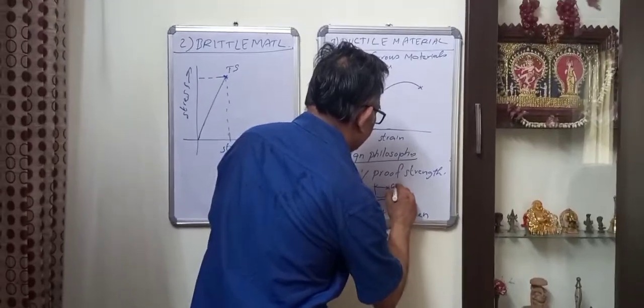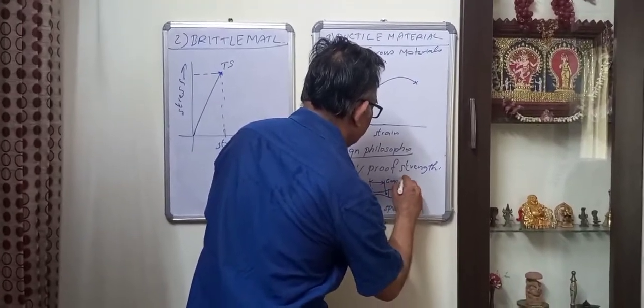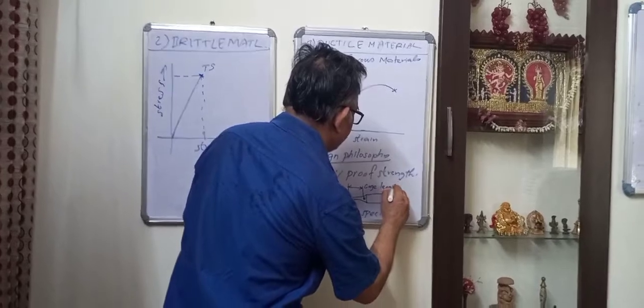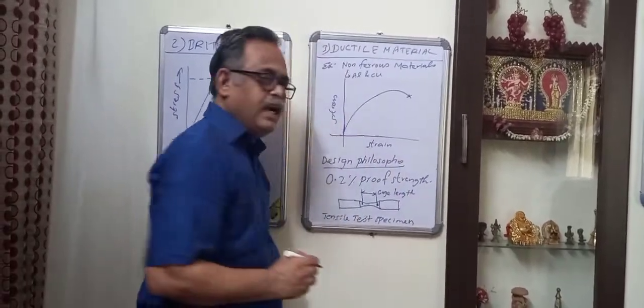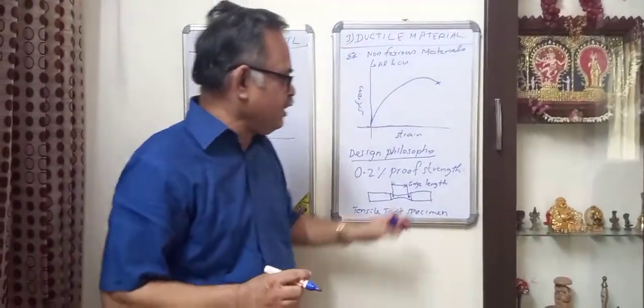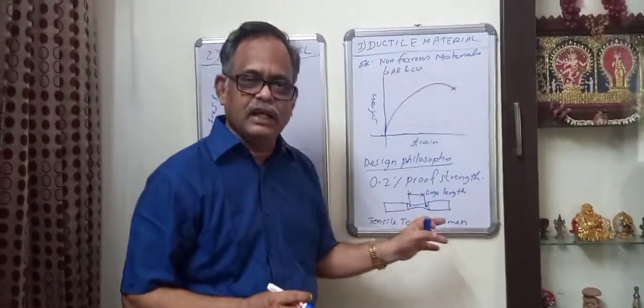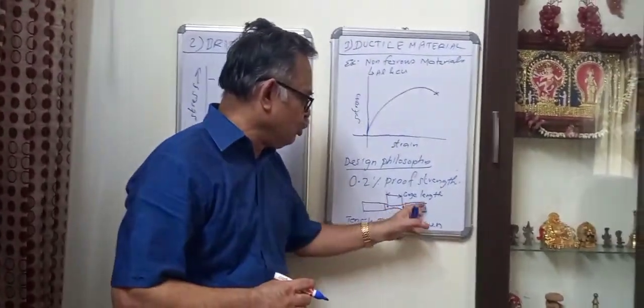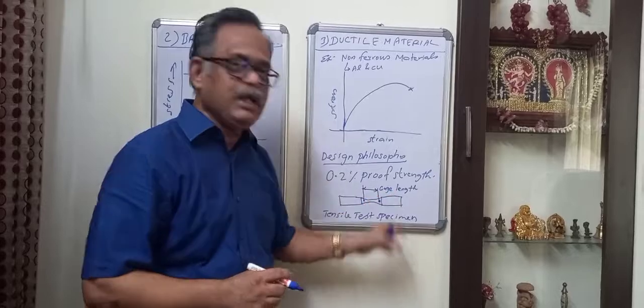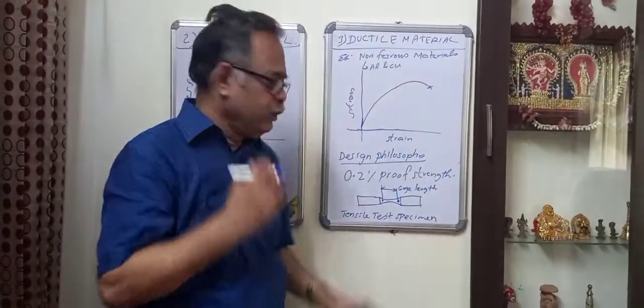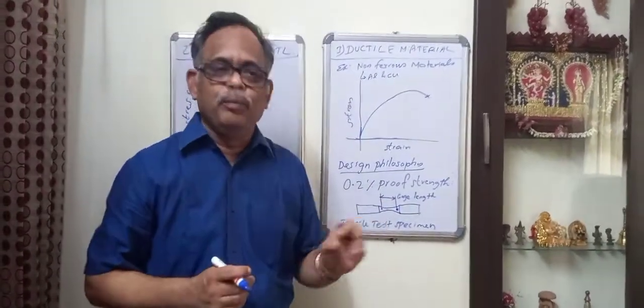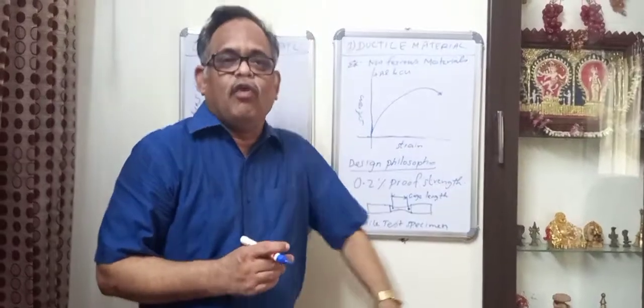ASTM, the American Society for Testing of Materials, or any standard for tensile testing, gives you the various dimensions of a particular tensile specimen based on gauge length only. What is gauge length?